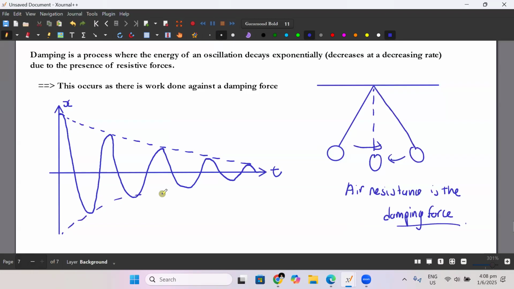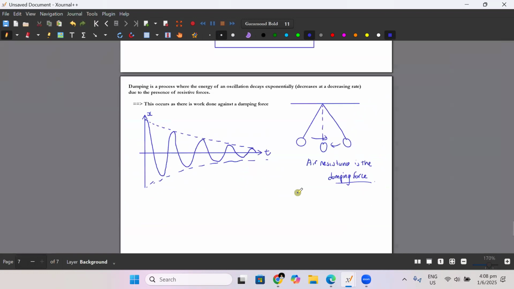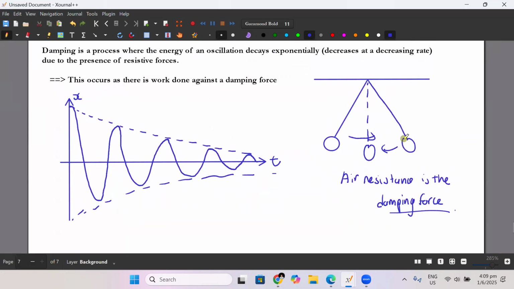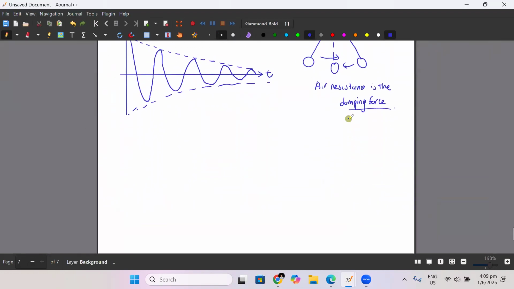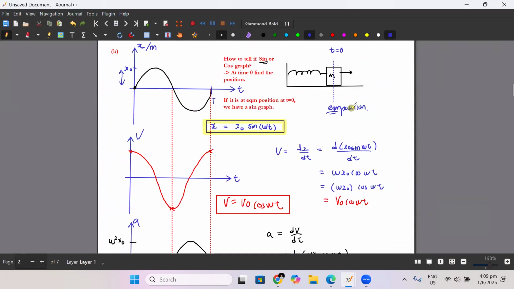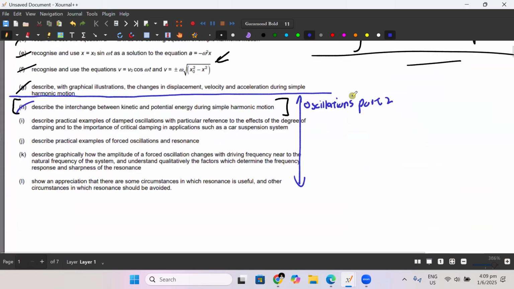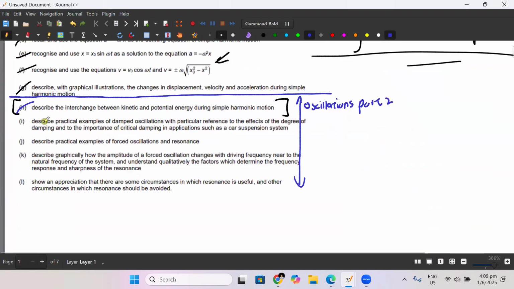Same thing here. This is what damping looks like. Quite intuitive. Let me see, have I missed out anything? No. So this is a practical example of a damped oscillator.